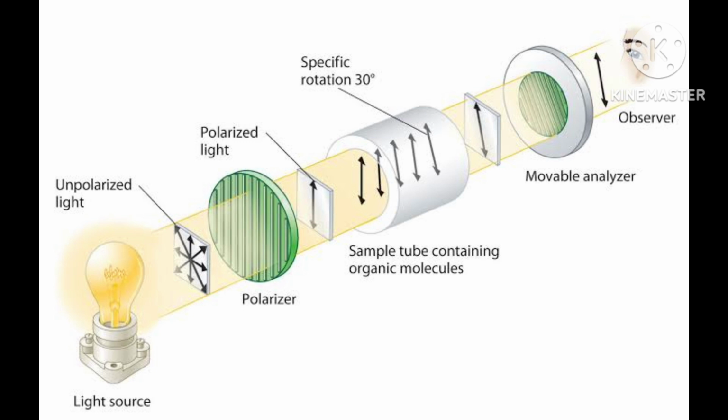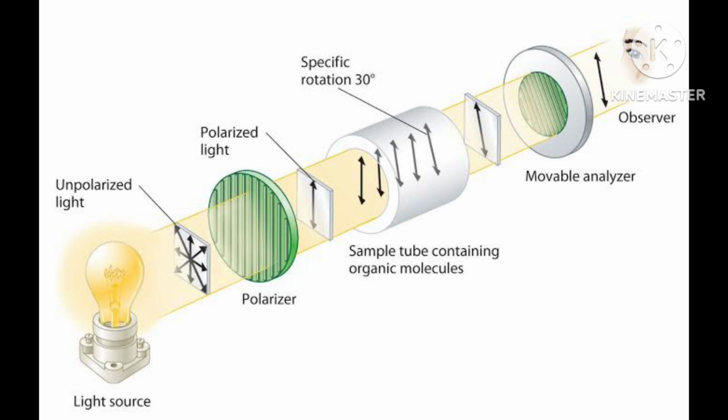If the light is rotated towards the left, meaning anti-clockwise direction, the compound is said to be levorotatory or the L form, small l form, and a negative sign is placed before the degree of rotation.